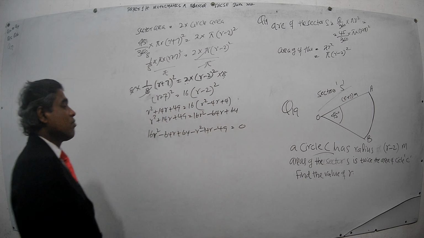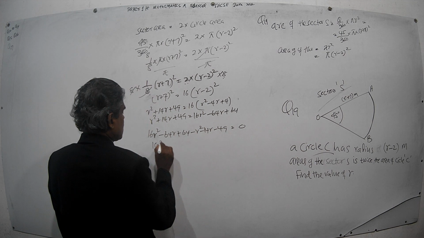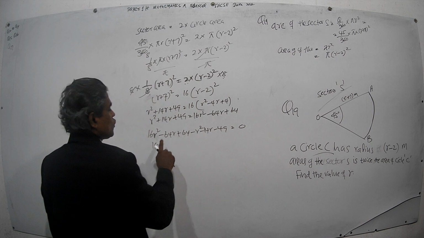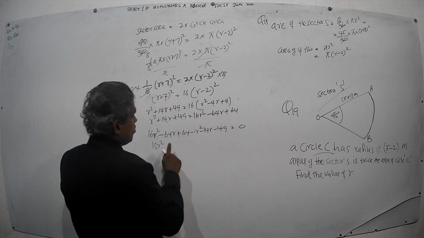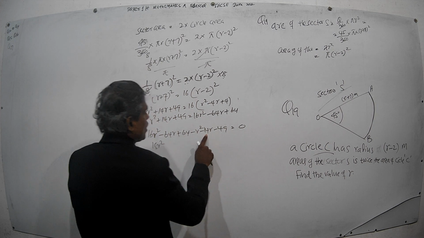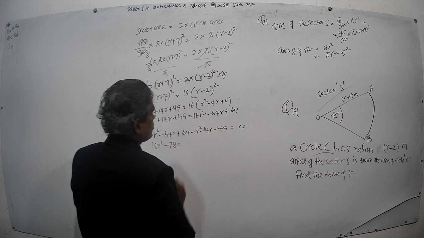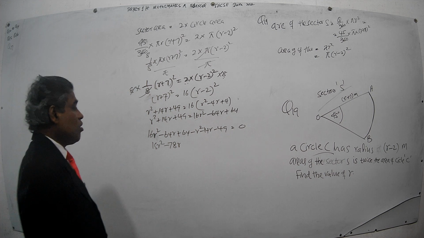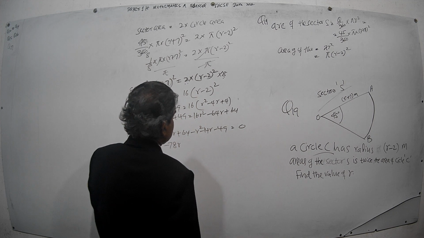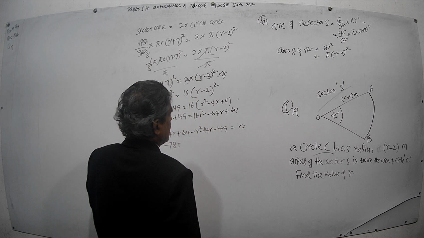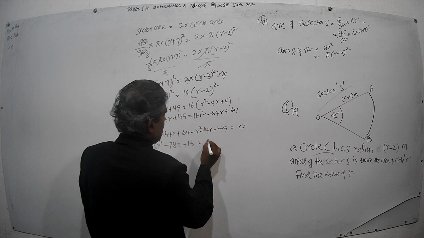Now we simplify. 16R squared minus R squared is 15R squared. Then minus 64R minus 14R gets added, minus 78R. Then 64 minus 49 is 13. That is plus 13 equals 0.